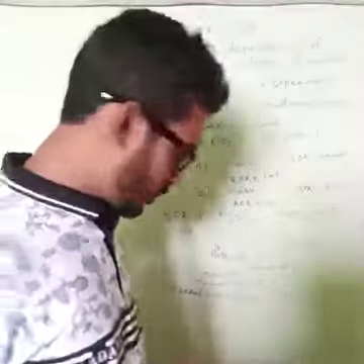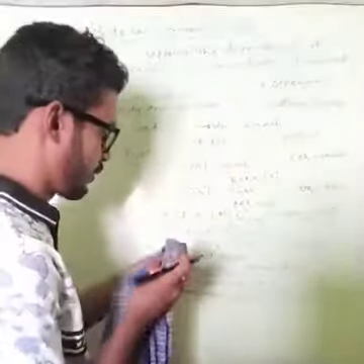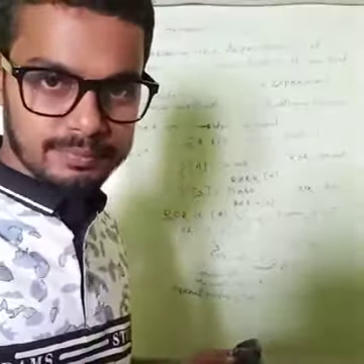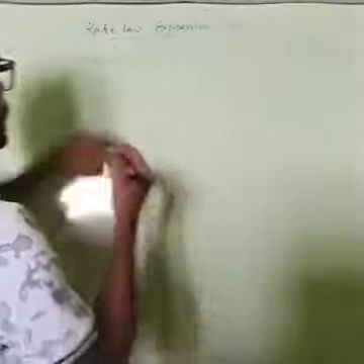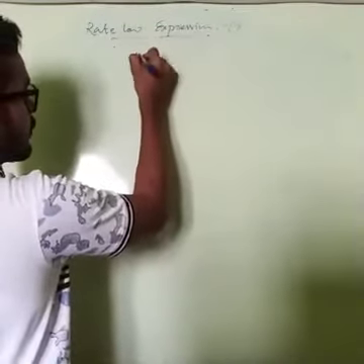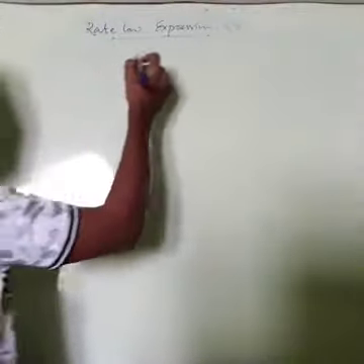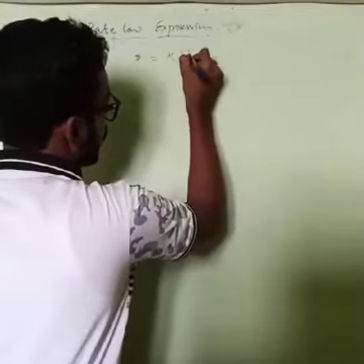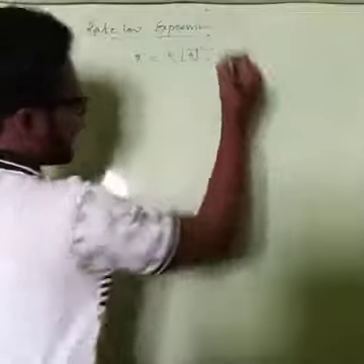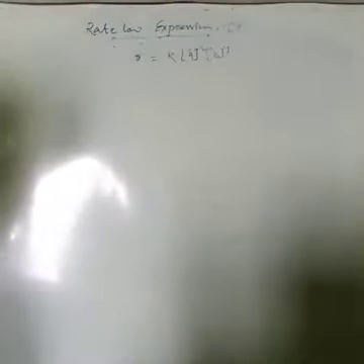So in general, the rate law expression is given. In general, rate of reaction is written as small r equals k into A to the power x, B to the power y. Okay, so what is x plus y?